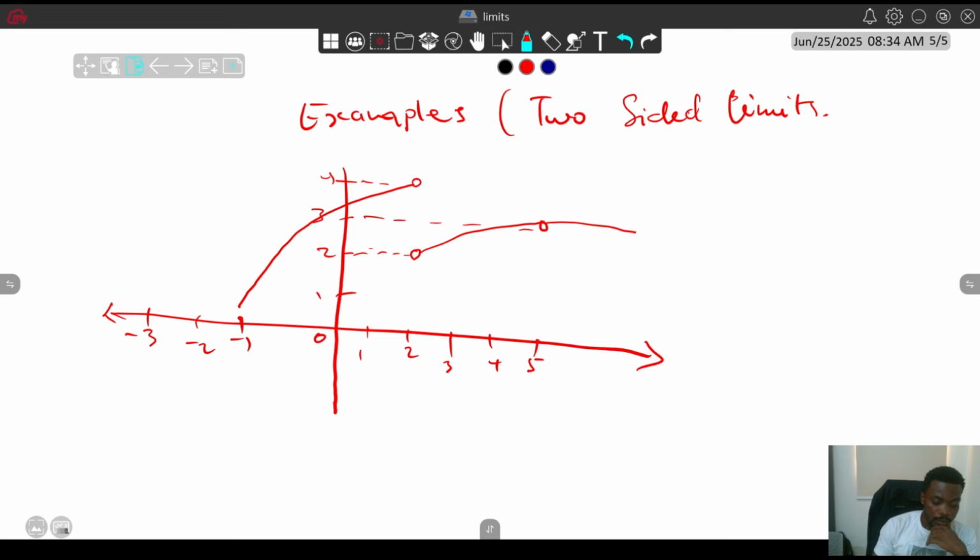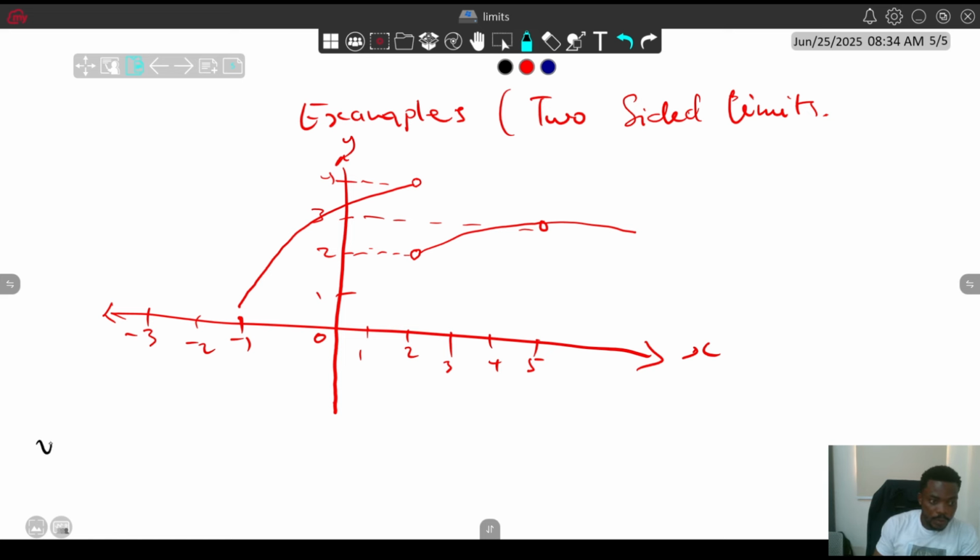Okay, again, note that this is a rough sketch. All right, so now let's look at this graph and say you have to use the graph to find if the values of the limit exist and what the values are.